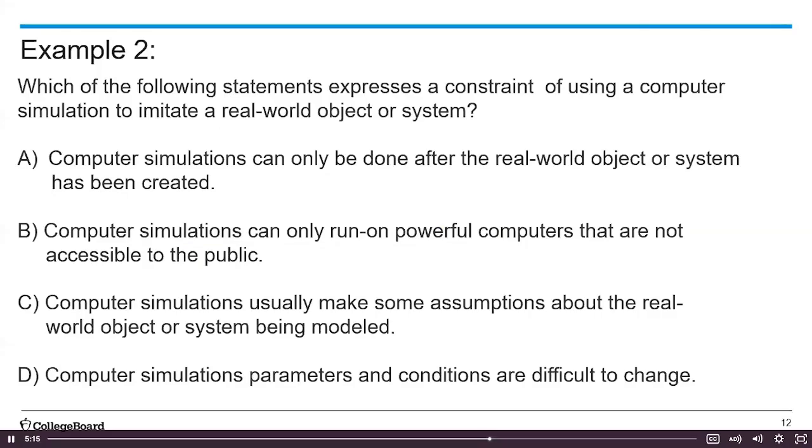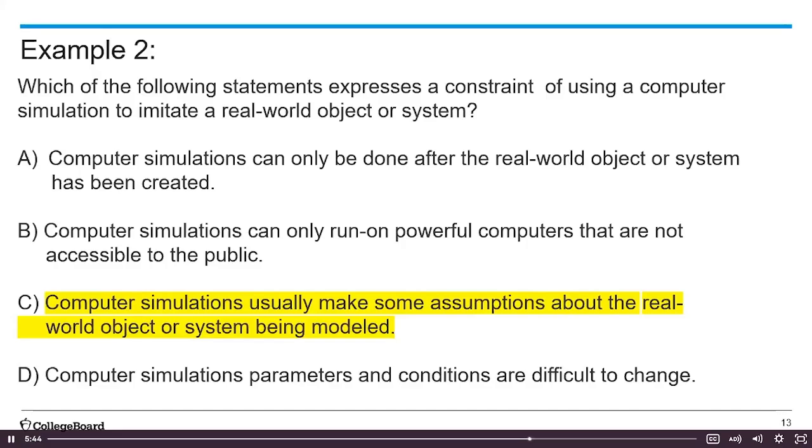Let's look now at another example. Example 2. Which of the following statements expresses a constraint of using a computer simulation to imitate a real world object or system? So put the video on pause, read through the choices, and let's catch up. The answer to this one is computer simulations usually make some assumptions about the real world being modeled.